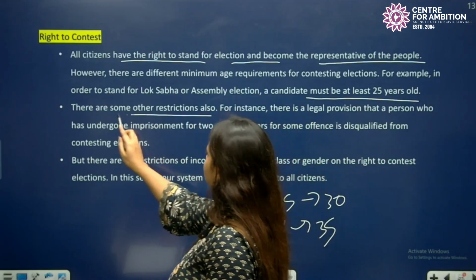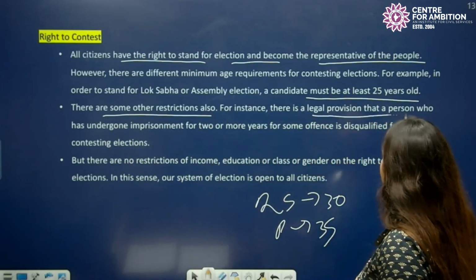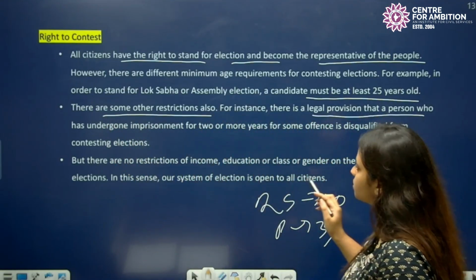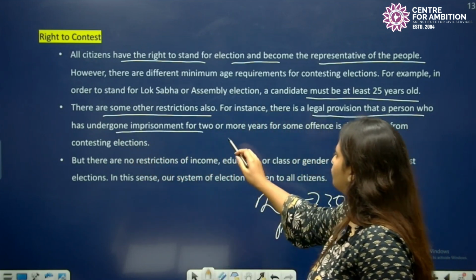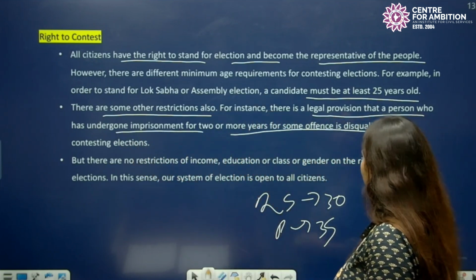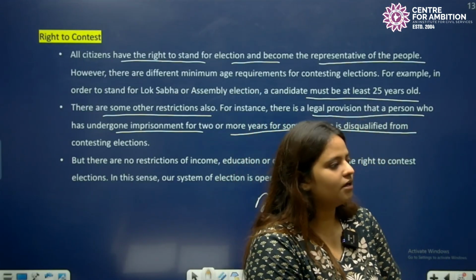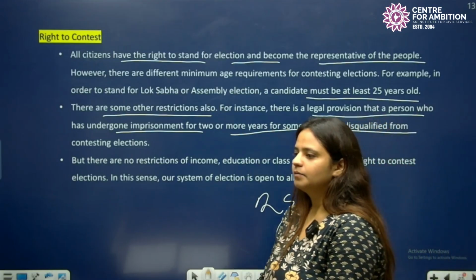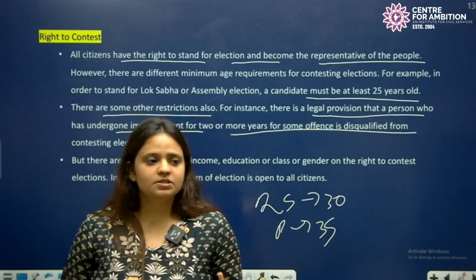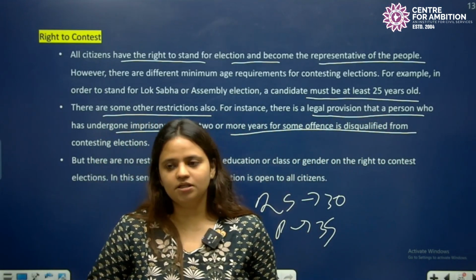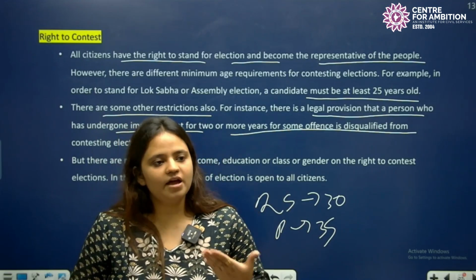There are some restrictions also. For instance, there is a legal provision that a person who has undergone imprisonment for 2 or more years for some offence is disqualified from contesting elections. It is to make the election procedure fair. It is meant that every person in the country should get a fair representative.